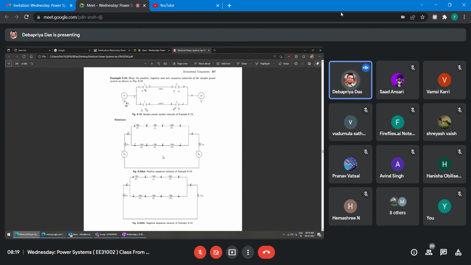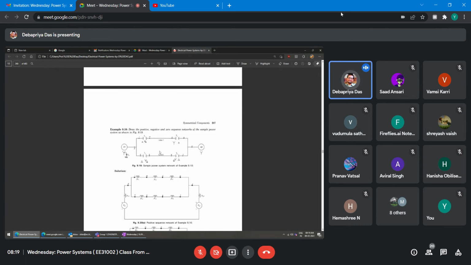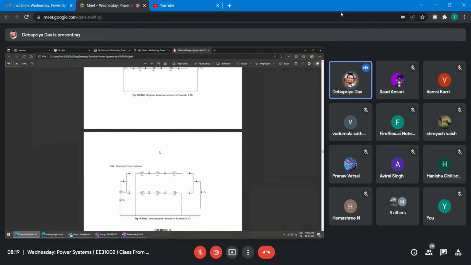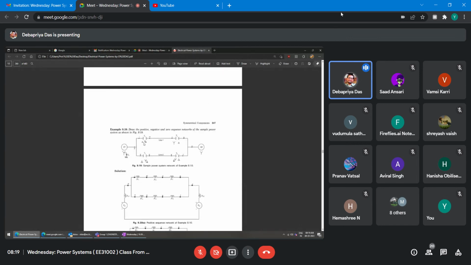Positive sequence, as usual, the way you draw the common circuit diagram. Negative also same thing, but no sources should be there, and you have to replace those things by negative sequence reactance or impedance, right? Now, if you come to the zero sequence, if you look into this, this is delta, this is delta. So this is your star grounded.